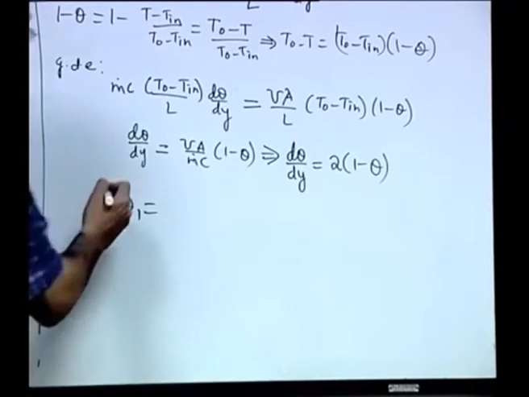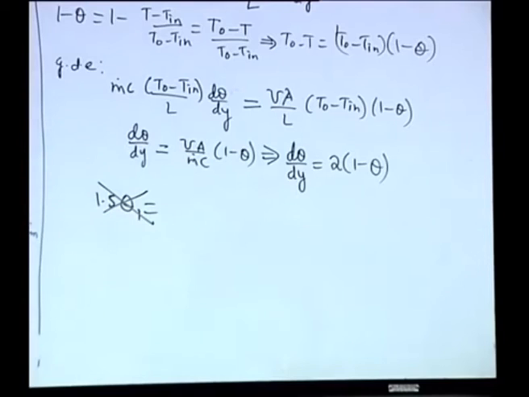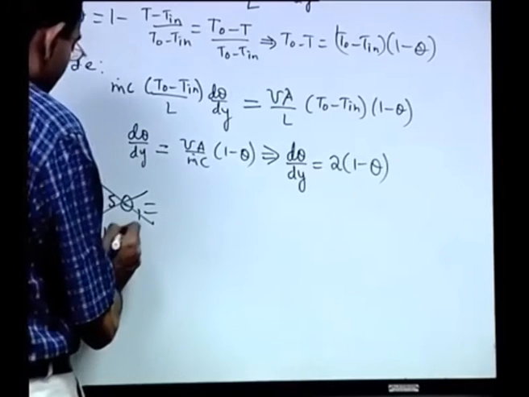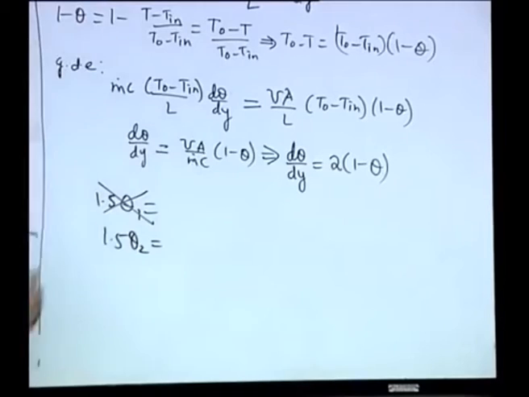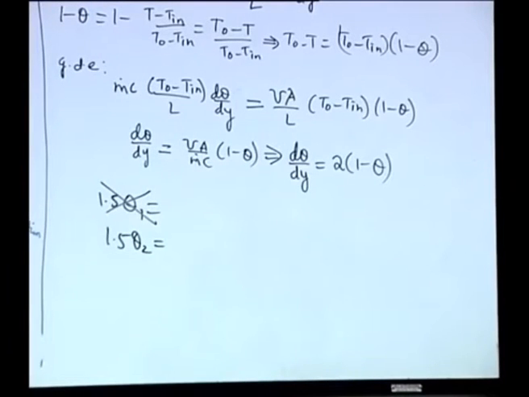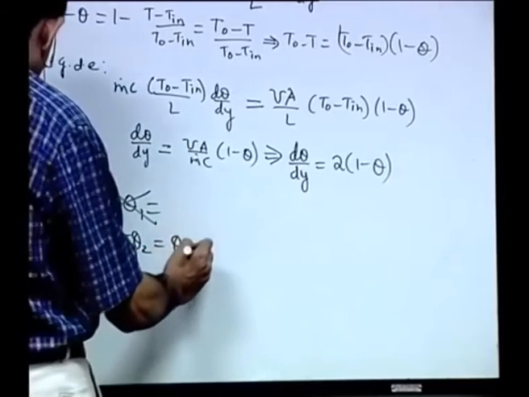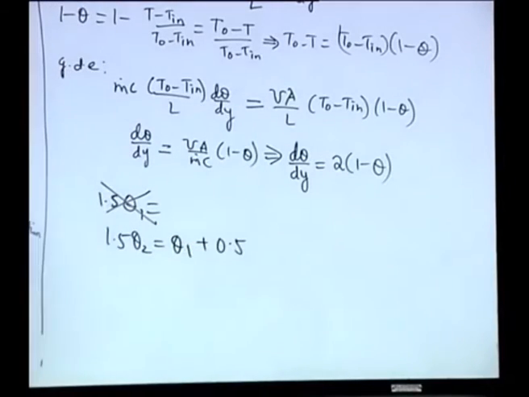So, you really do not have to write any equation for grid point 1, and that is true also from a physical sense, because you are given the temperature at the grid point 1. So, you need not write any additional equation for grid point 1. So, you start with the grid point 2. So, 1.5 theta 2 is equal to, AW is 1, that is equal to theta 1 plus 0.5, right.